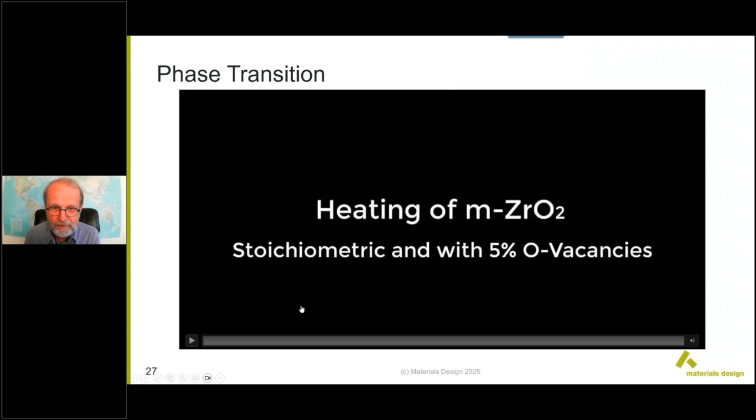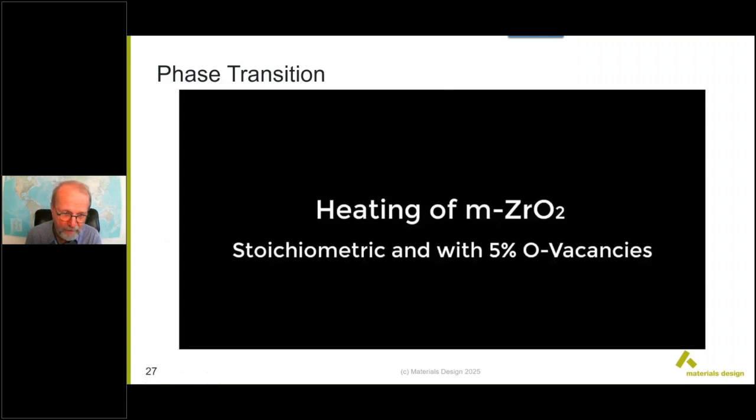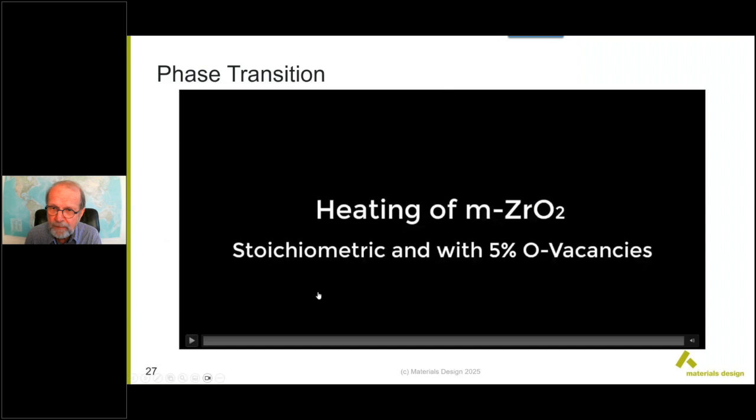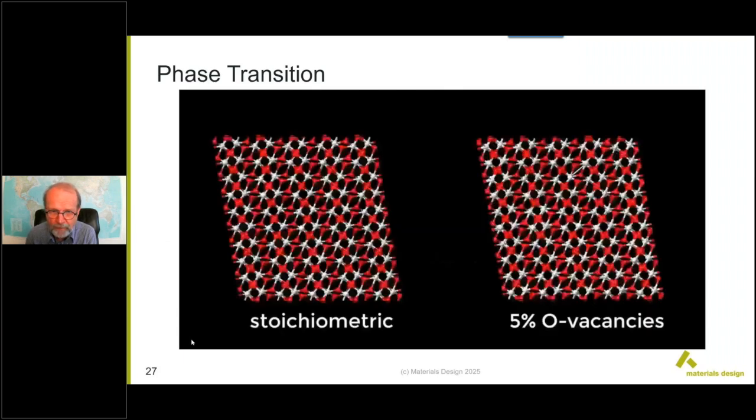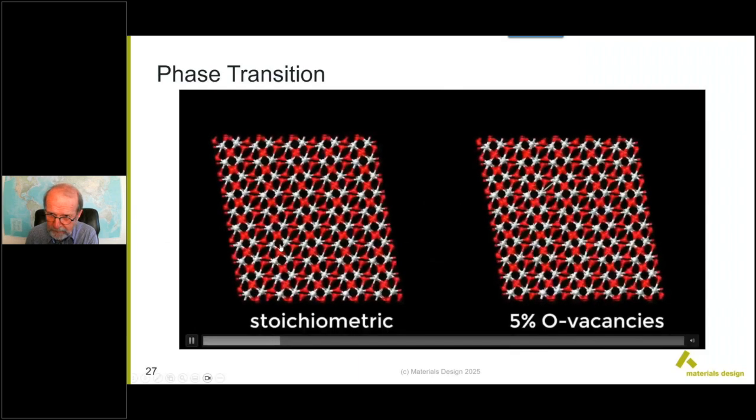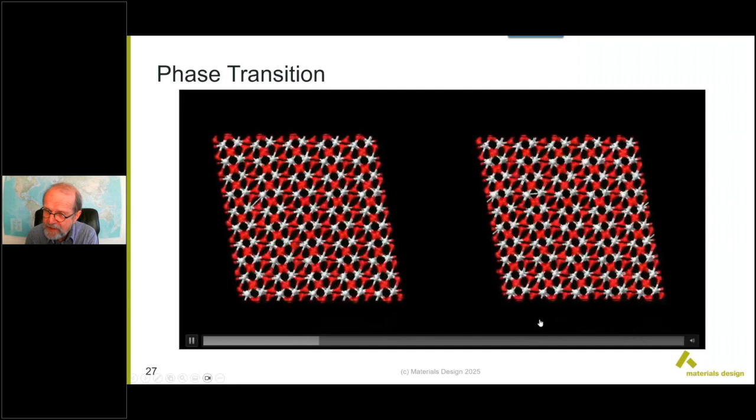So now we created, and that was done by our colleague Volker Eyert, in collaboration again with the Naval Nuclear Laboratory, a very nice machine-learned potential for zirconium oxide. And if we now take two pieces of monoclinic zirconium oxide, one fully stoichiometric, the other still monoclinic but with 5% oxygen vacancies, and now we're heating it up.